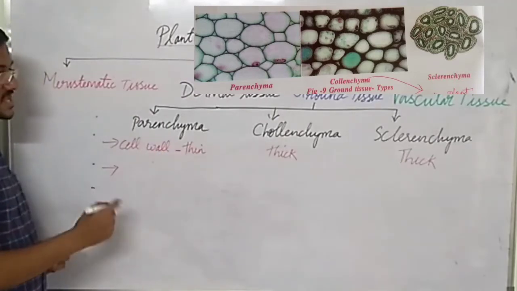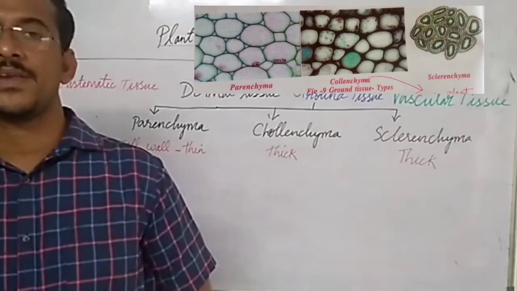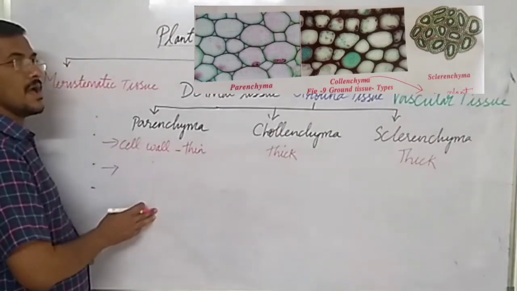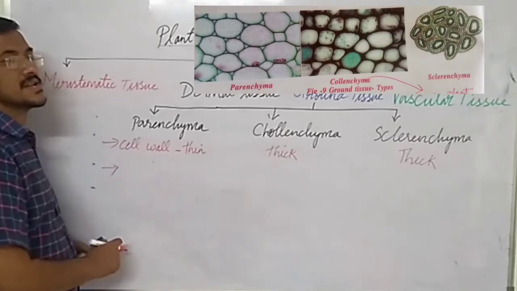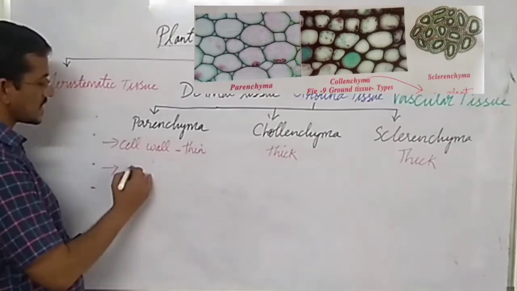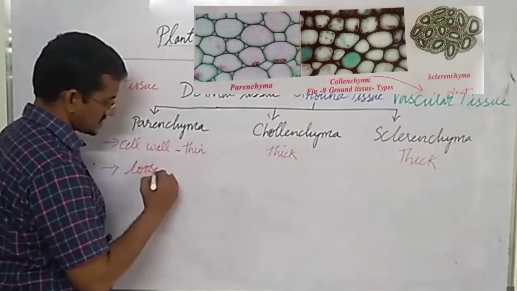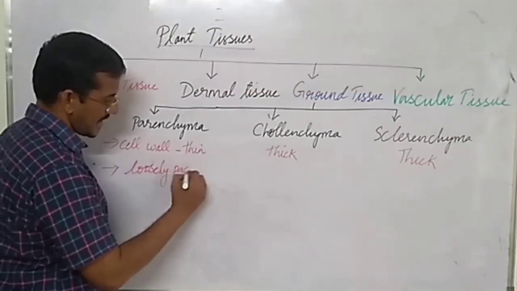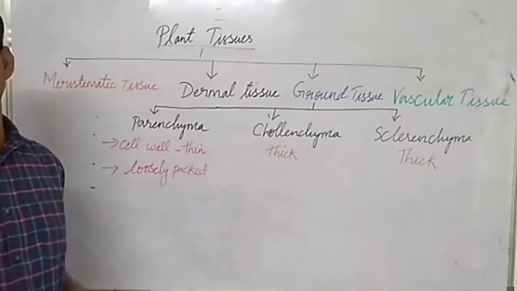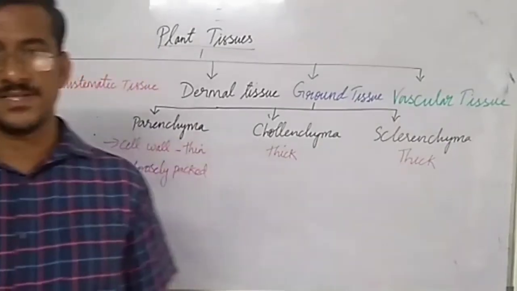The second difference among these three is that parenchyma have intercellular space between the cells, meaning cells are loosely packed. Here cells are loosely packed, meaning intercellular spaces are present between the cells.